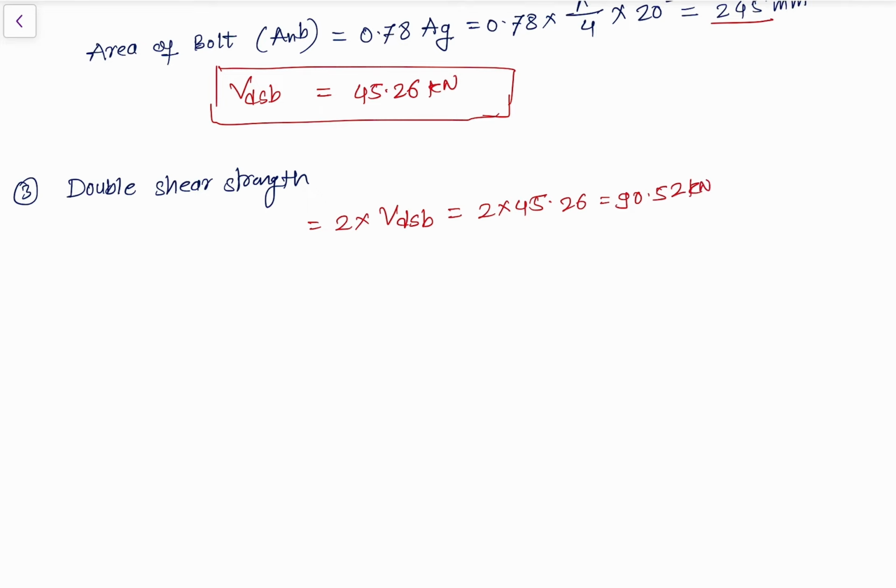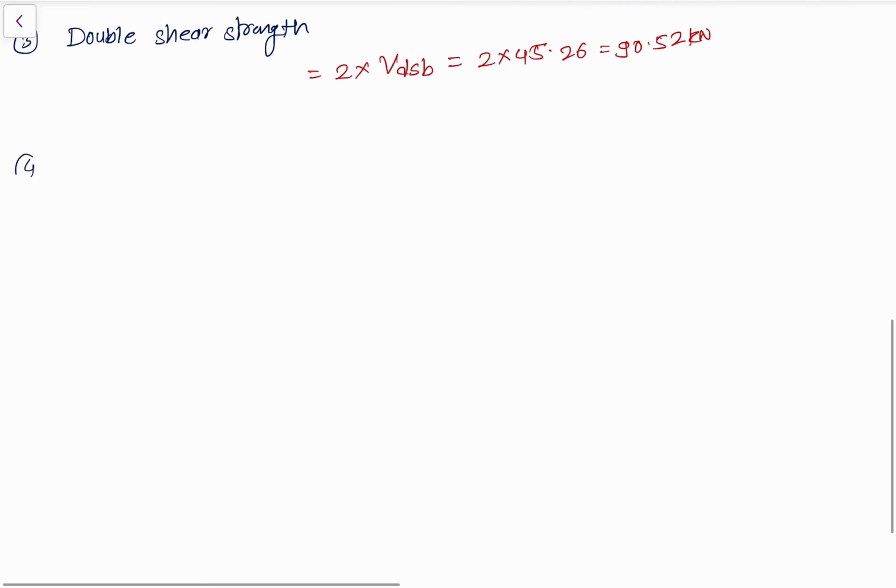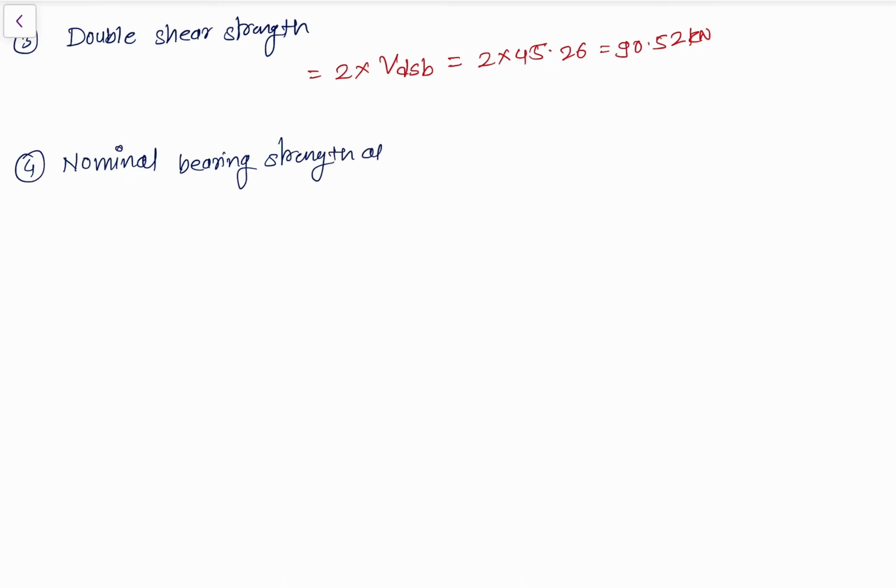Understand? So let's calculate the nominal bearing strength of the bolt, right? The fourth one. So the nominal bearing strength of the bolt is given by VDPB, which is given by the formula VNPB divided by gamma MB.